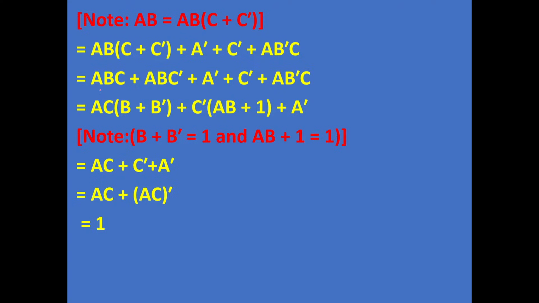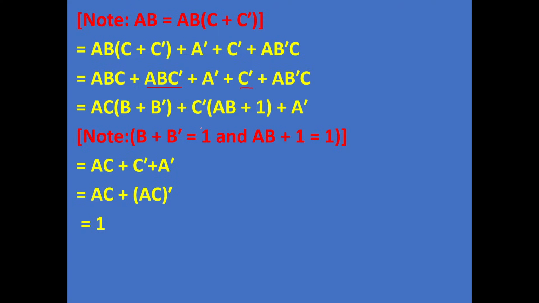I hope you are able to understand. From this and this, I have written this expression. I took AC common, so AC into B plus B bar I got. Next, I have taken this expression, these two terms.